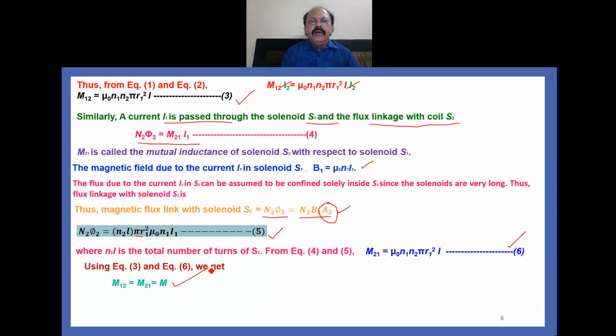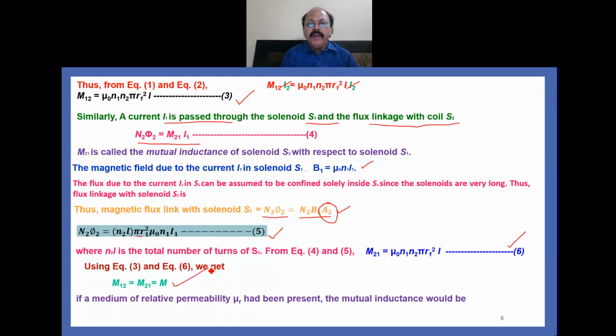Right? Now if medium of relative permeability mu R had been present, means inside the solenoids there is a medium of relative permeability mu R, then in that condition mutual inductance would be M equal to mu R mu naught N1 N2 pi R1 square L. So this is coefficient of mutual inductance of two long solenoids or the two coaxial solenoids.